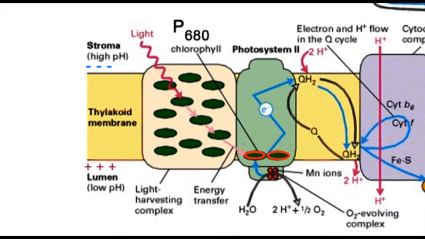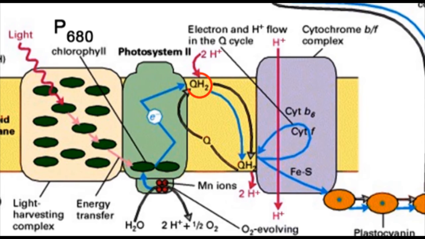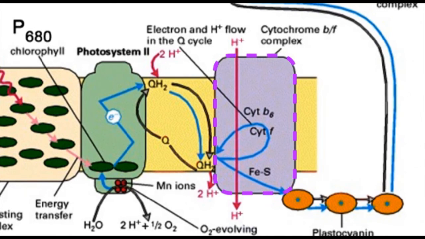After P680 absorbs a second photon, QB- accepts a second electron and picks up two protons from the stromal space, generating the reduced quinone QH2. The reduced QH2 dissociates from its binding site on the PS2 reaction center and is replaced with an oxidized Q. Now, QH2 diffuses randomly in the thylakoid membrane, binding to the Q0 site of the cytochrome Bf complex, where it releases its two electrons.